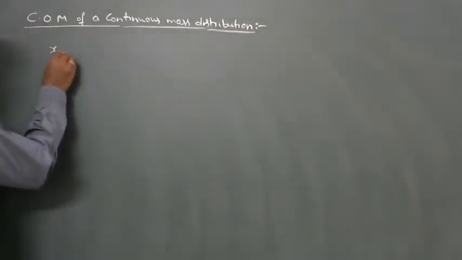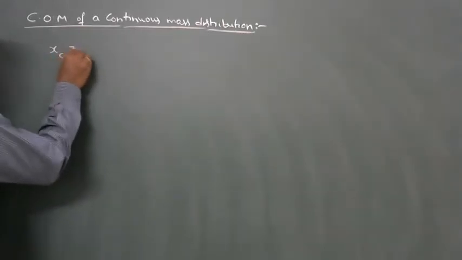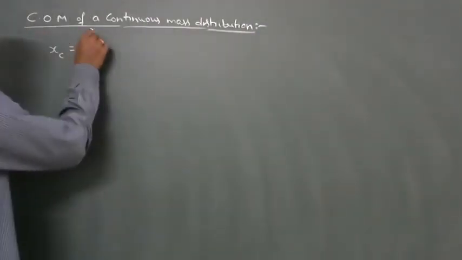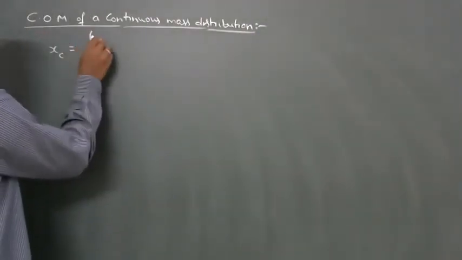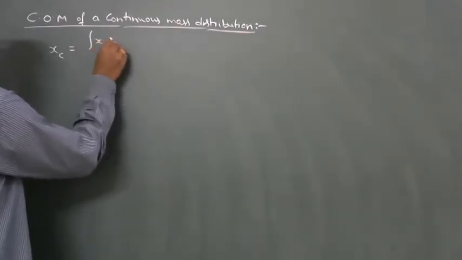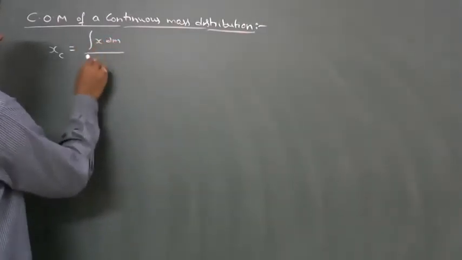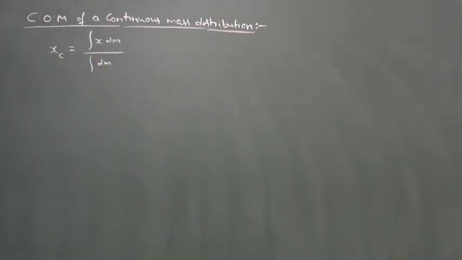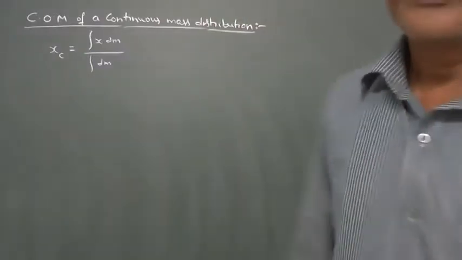So x_c, the x coordinate of the center of mass, is equal to integral x dm divided by integral dm.